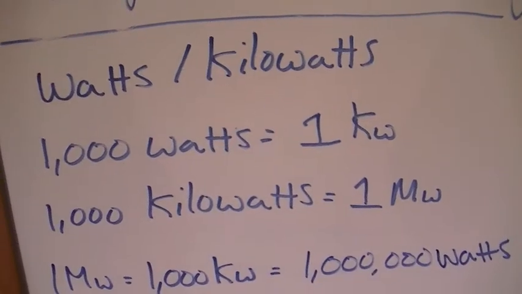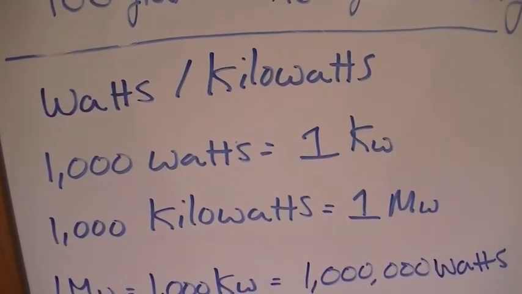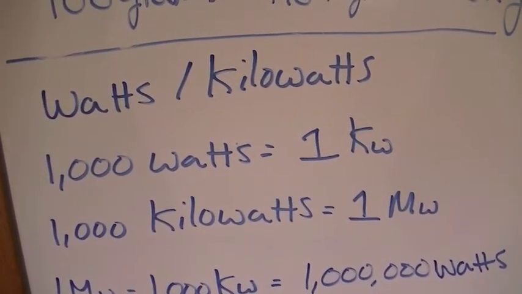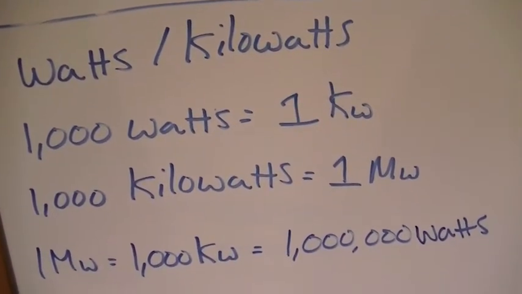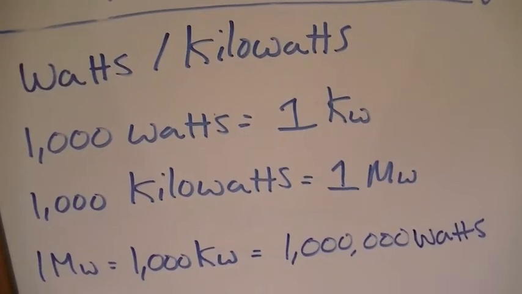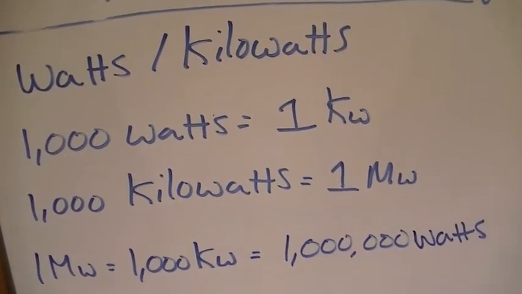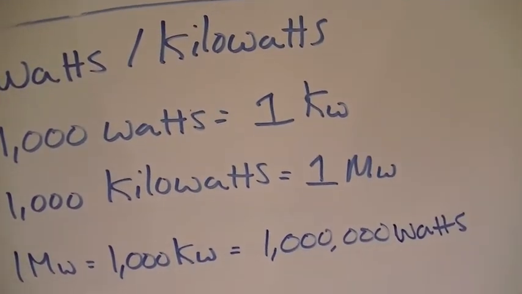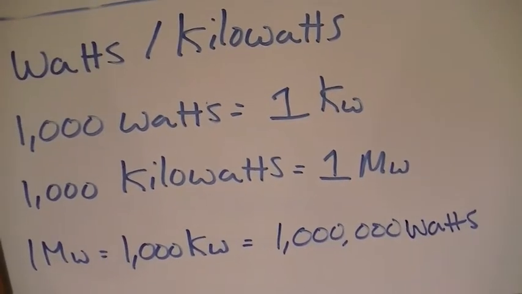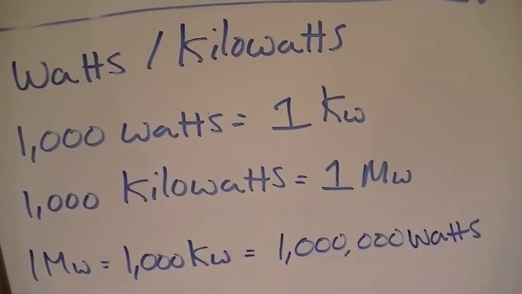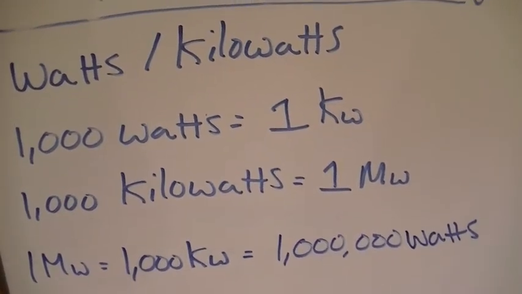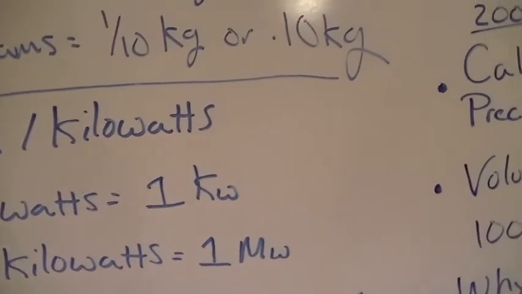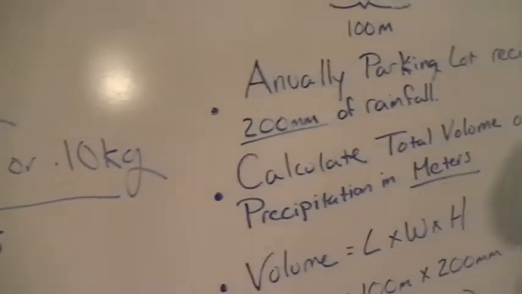Kilowatts is typically the base unit, which your answers will require as a final result, but sometimes you will see megawatts. So keep in mind, a megawatt is 1,000 kilowatts. Therefore, it's 1 million watts. Like I said earlier in the intro, all you're doing is adding zeros and taking away zeros in this course. No calculator required.